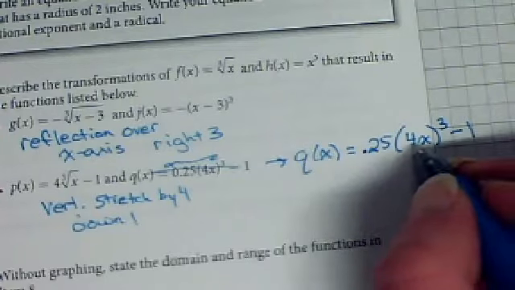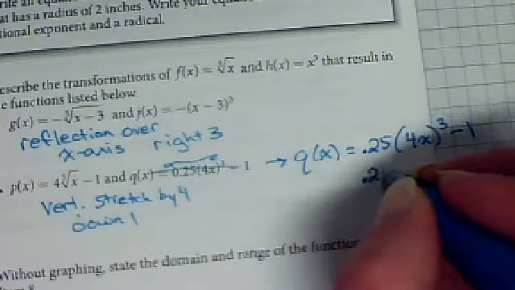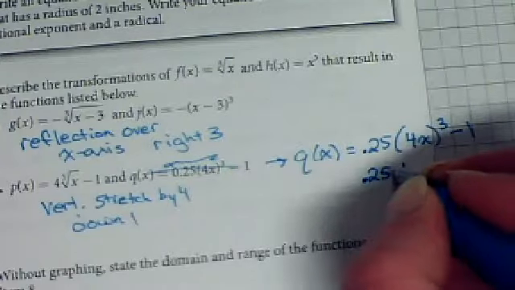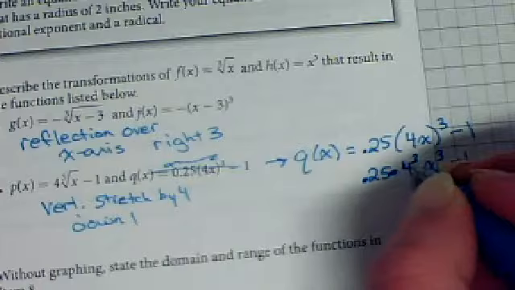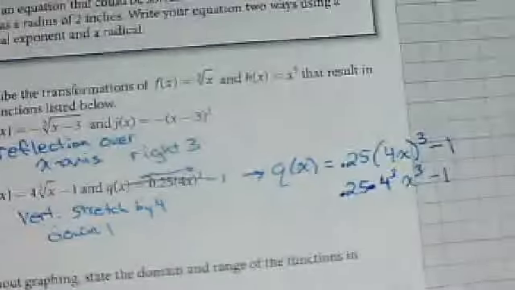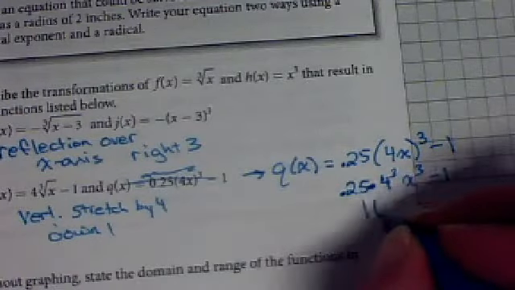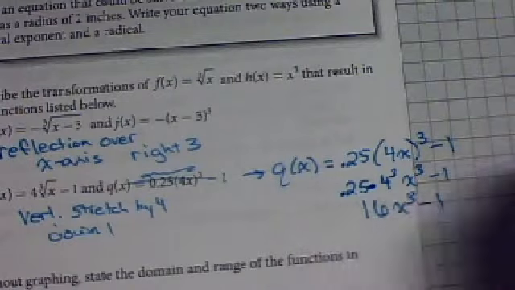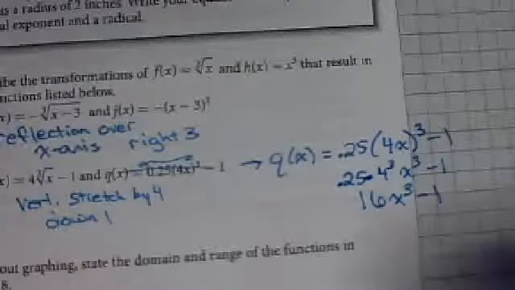Well, we could do that because we can separate that out into 4 cubed times x cubed. Well, that's 64. So if I take 0.25, or 1/4 of 64, I get 16x cubed. So this one would have a vertical stretch of 16, and then it would be down 1. I don't know why they put both of those in there.